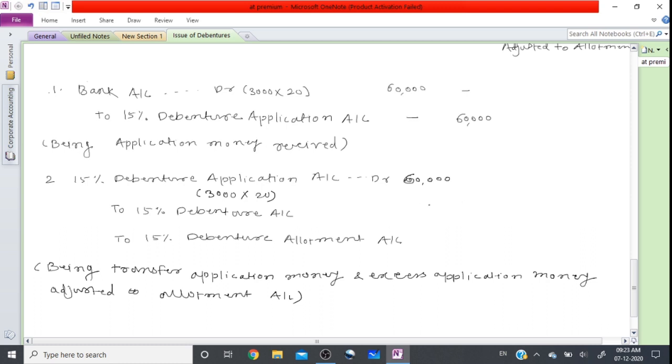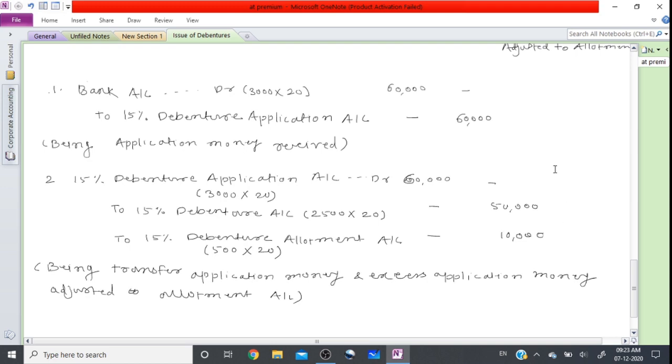Now while transferring the application money to debenture account, the issued applications are 2500 into the application money, that is 20. So 50,000, and excess application is 500 into 20, so it is 10,000.